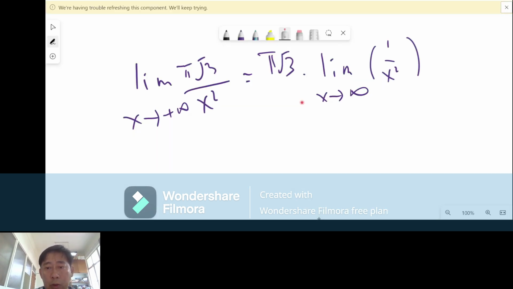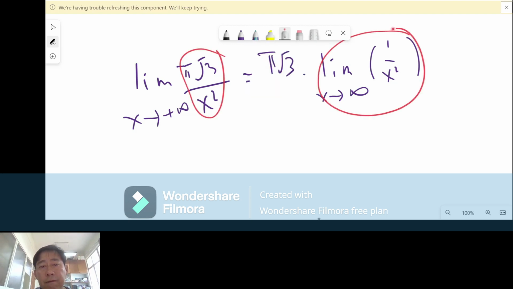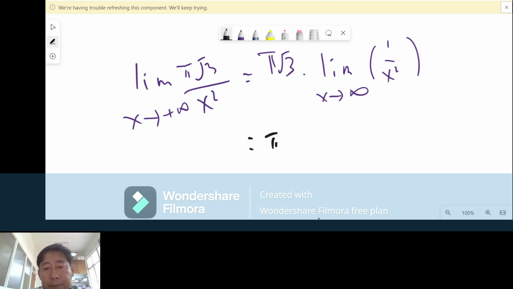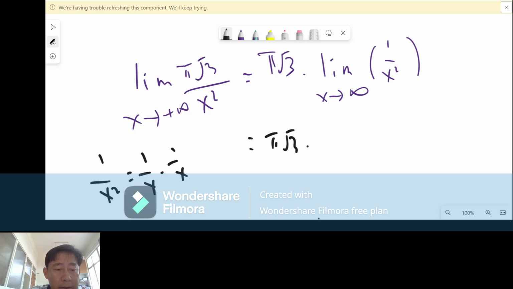So now, in order to understand what is the limit of this function, I just have to look at what is the behavior of this. So here I'm going to apply the product rule. The product rule says 1 over x squared is 1 over x times 1 over x. So 1 over x squared is the product of two same functions.